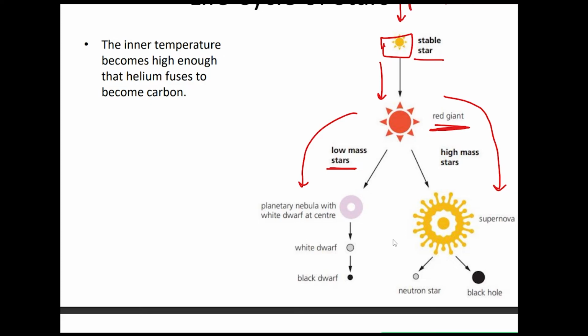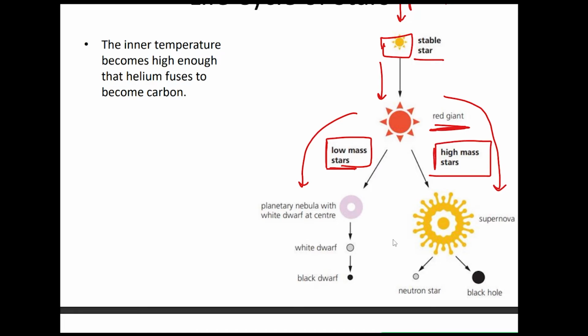We didn't do that. It's already naturally happening, but we did find out that generally approximately 8 to 10 times the mass of the sun is considered to be a low mass star, and anything greater than that will be considered a high mass star, right? So whatever life cycle they go through, that will be decided by this.